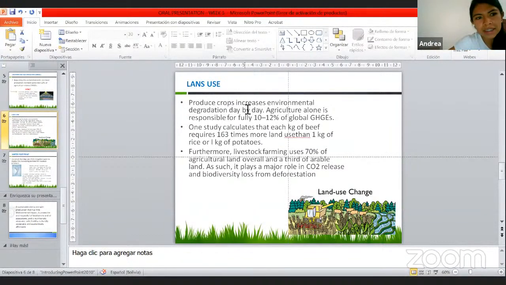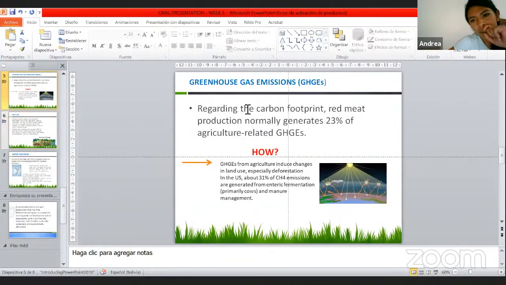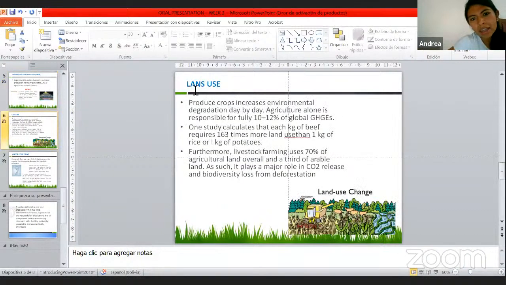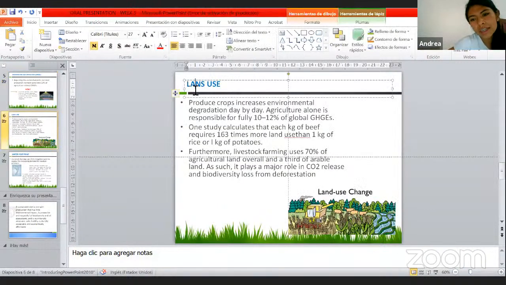So, the same as we talked about with gas emissions and land use, both have in common deforestation, because if you want to use the land for producing meat and producing food for the cows or the sheep so they can grow, you have to have a lot of crops.